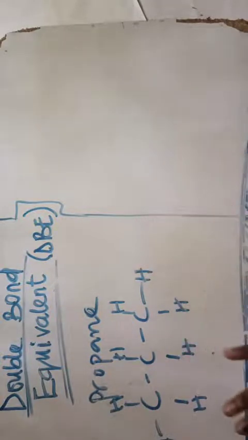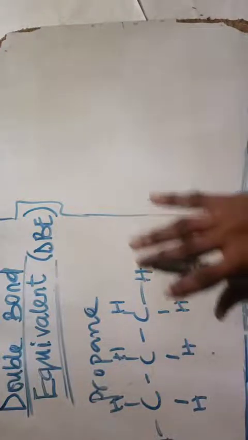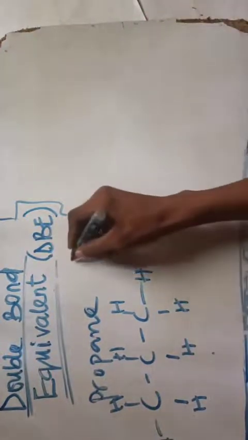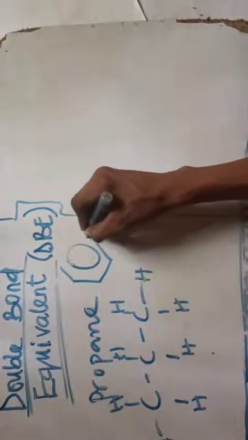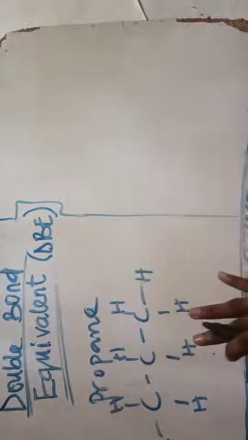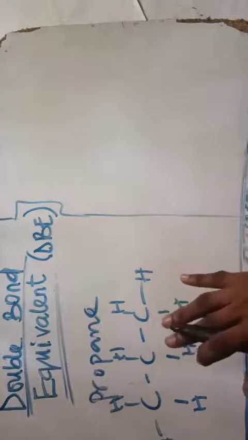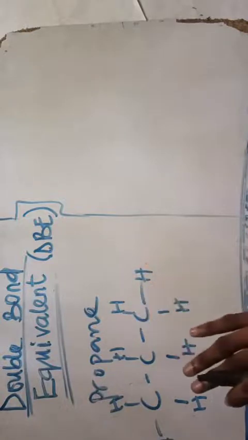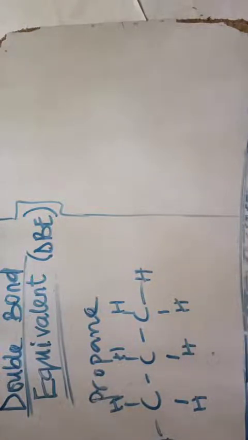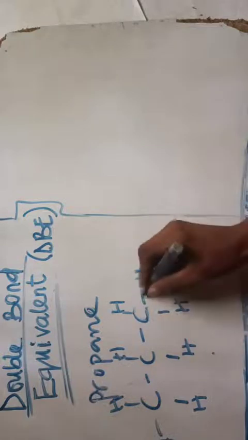So the presence of a bond or a ring reduces the number of hydrogen atoms by 2 in a compound when you compare it to acyclic. A ring is like benzene. We're going to show this practically.